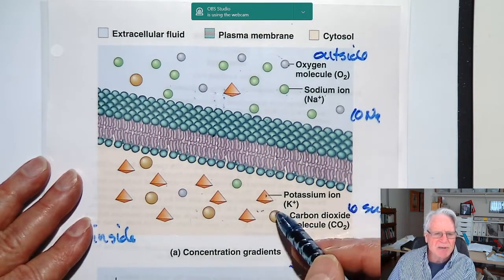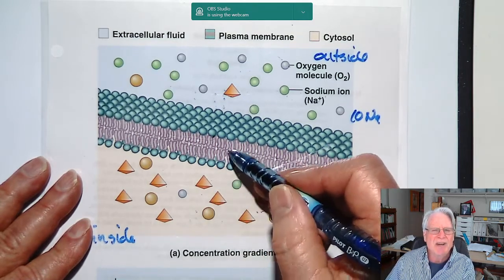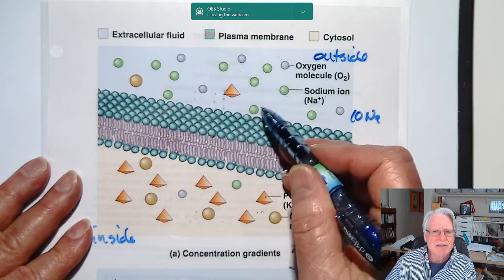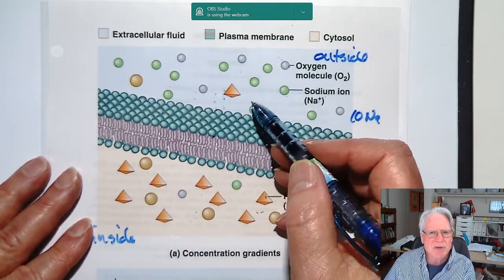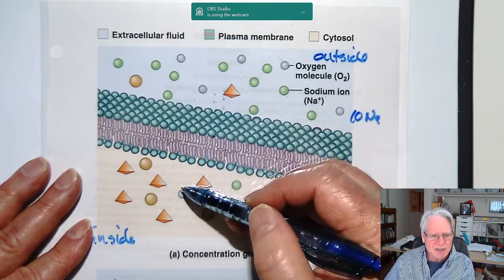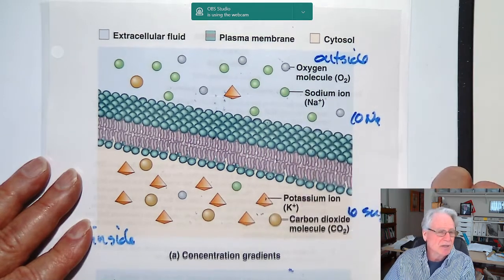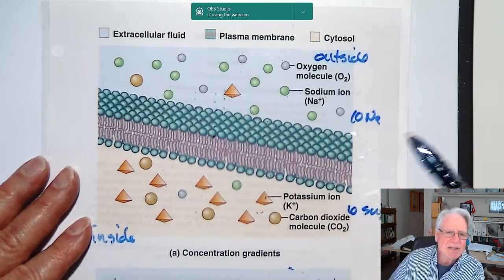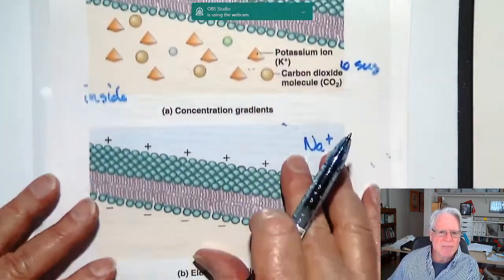And carbon dioxide, which is building up inside the cell, will want to go in the opposite direction. It will want to move out of the cell and into the interstitial fluid. So just by the nature of that concentration gradient, we're taking advantage of that, moving oxygen into our cells where we need it, and carbon dioxide, which is a waste product, out of our cells through that very simple idea of concentration gradient. The same can happen here.